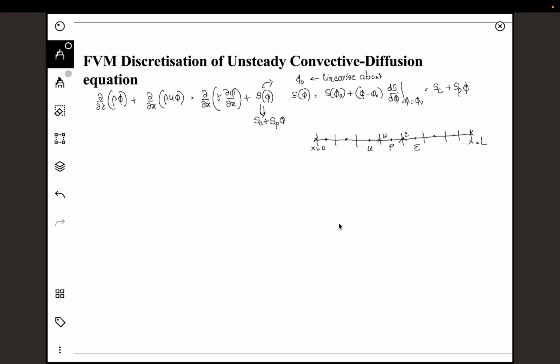Once we discretize the domain, we have to do a control volume analysis for any given cell. If I take this particular cell and integrate across it, I now have two different variables, x and t. So we can do an integration with respect to x first, and subsequently with respect to t. Here we're assuming something: I'm taking the integral into the del t, because in this control volume nothing changes, so I have rho phi dx.